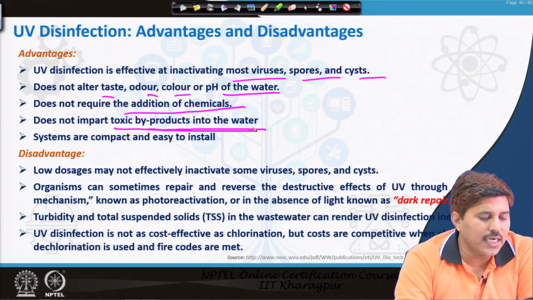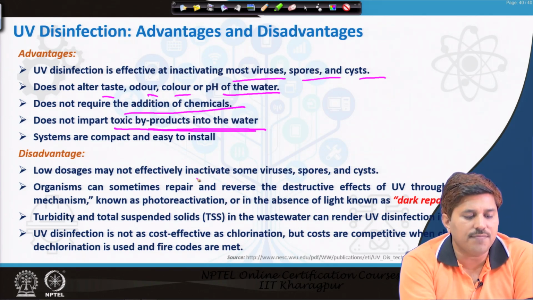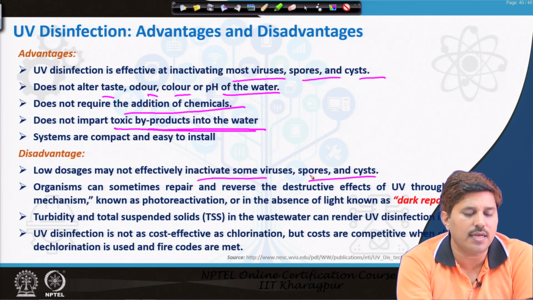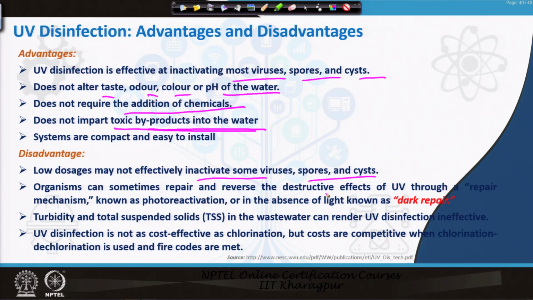On the disadvantage side, low doses of UV may not effectively inactivate some viruses, spores or cysts. So, we may need adequate doses, but that might make the system costly. Another risk in fact is that the organism can sometimes repair and reverse the destructive effect of UV.